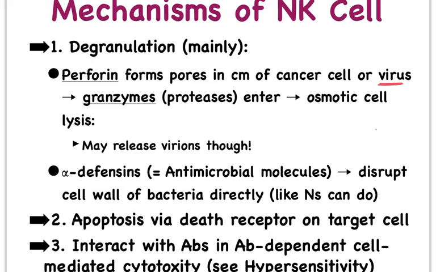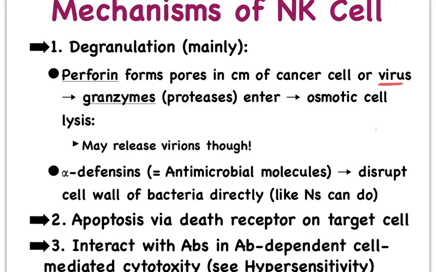So what they do is they can either dump their granules or allow for their granules to be released, I should say, which contain perforin, which creates little holes in the cell membrane of the targets, which are cancer cells, as I said, or virus infected cells.